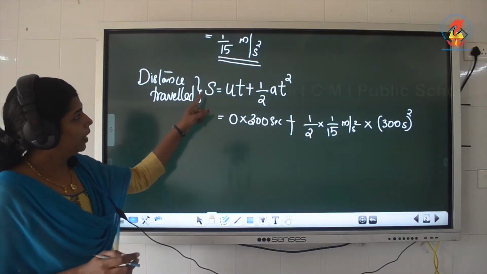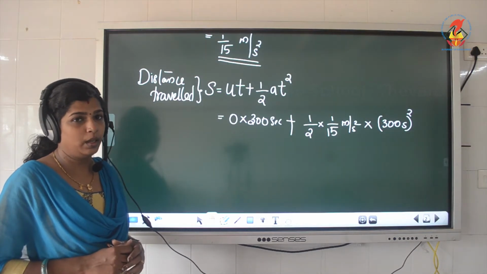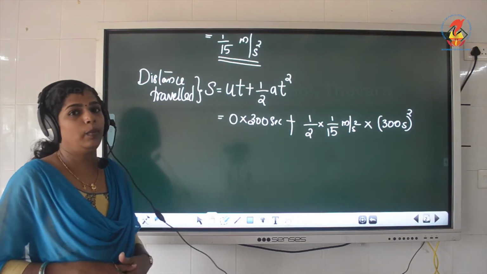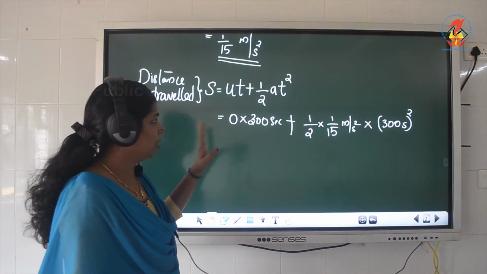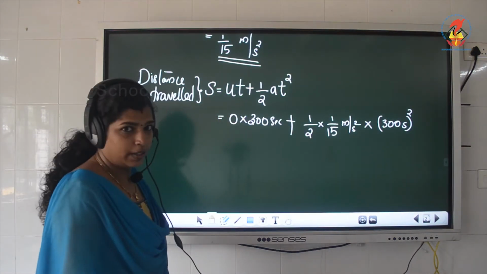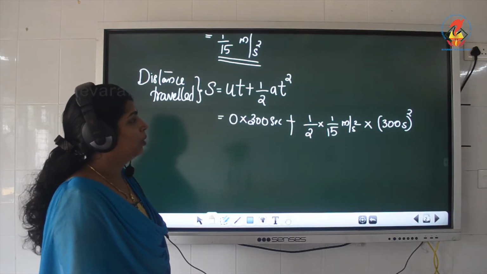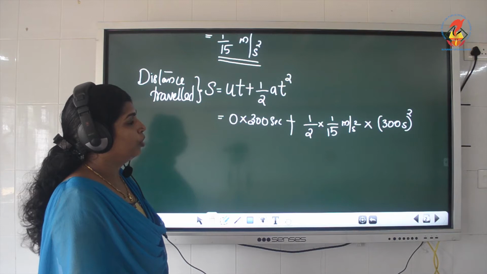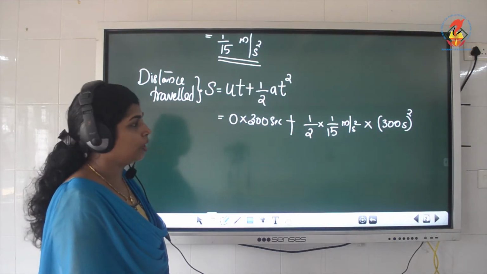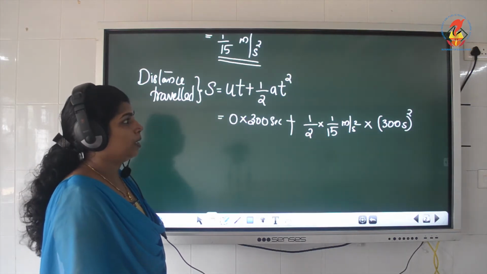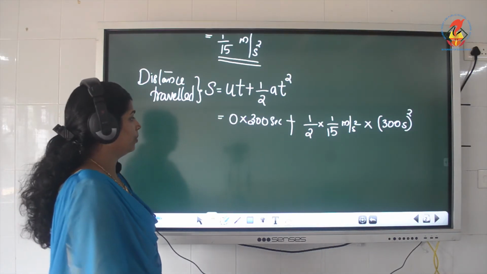So, I wrote the equation s is equal to ut plus half a t square and substituted in the equation with units. u is 0, t is 300. So, 0 into 300 plus 1 by 2 into 1 by 15 meter per second square, that is the acceleration, into t square, that is 300 seconds the whole square.